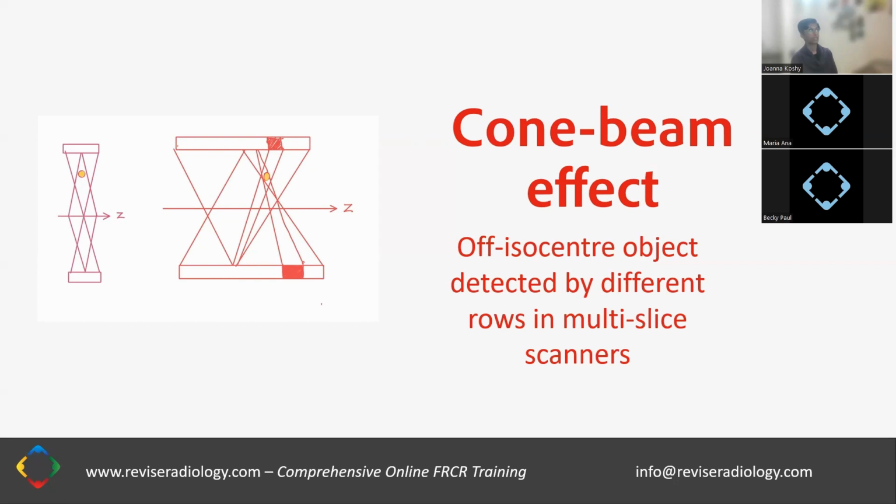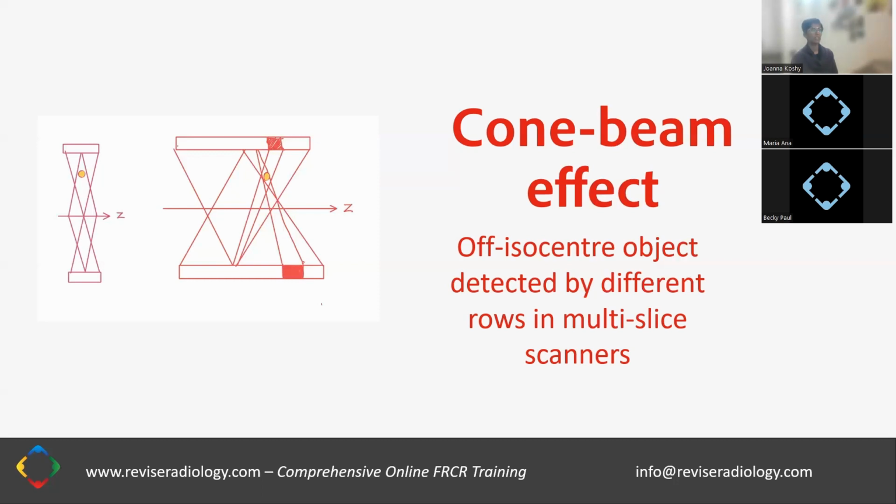However, if we look at the multi-slice detector, that yellow little ball which is being imaged is off the isocenter. When it's being imaged by one particular view, the image is landing on a certain detector. And when it's being imaged by another view, the image is landing on a different detector. So different detectors are detecting the same object in different views.